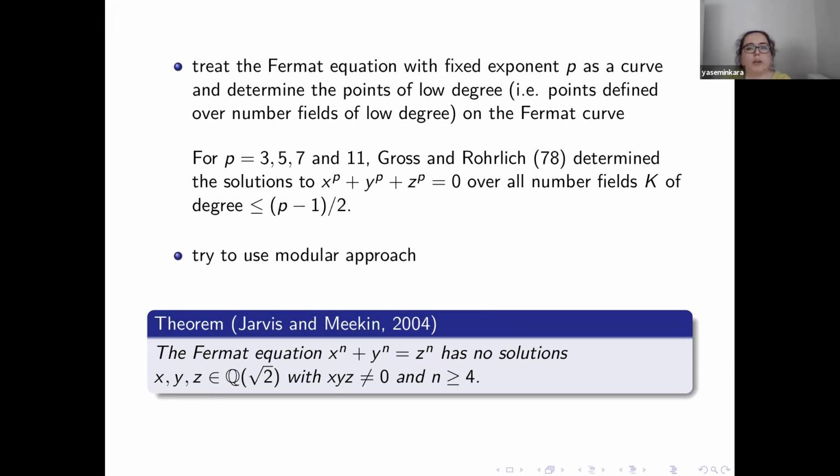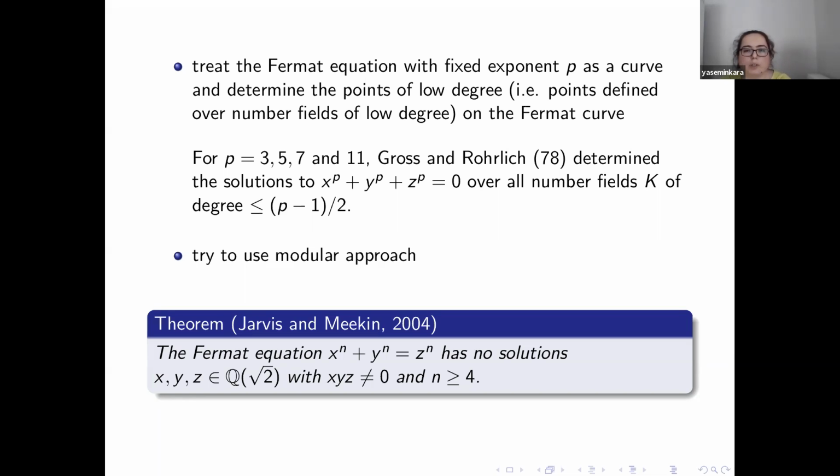Now here, let me say some of the works towards this conjecture. These are some earlier works. One method was to treat the Fermat equation with fixed exponent p as a curve and determine the points of low degree, that means points defined over number fields of low degree on your curve.